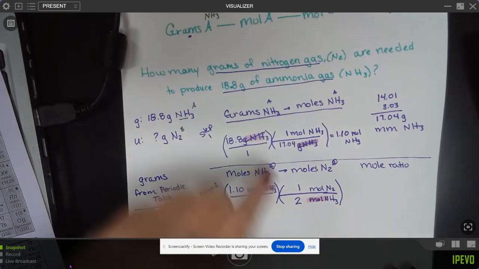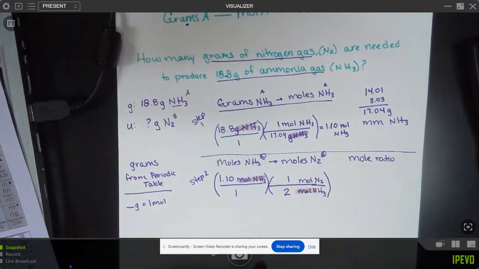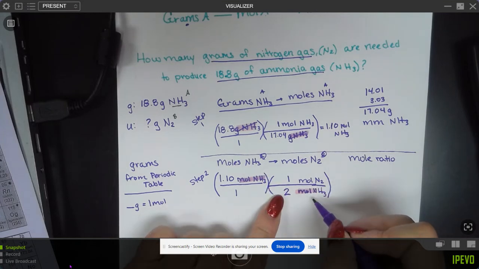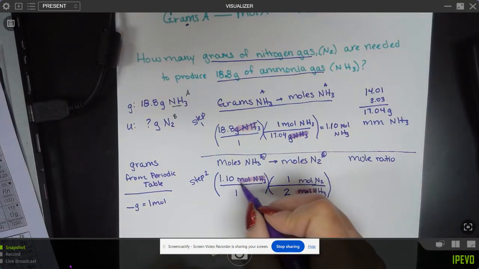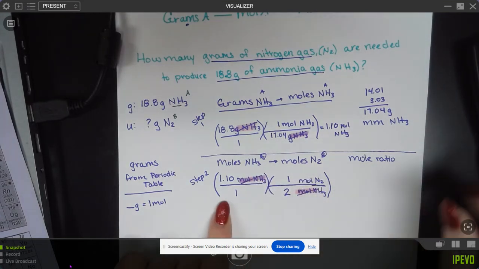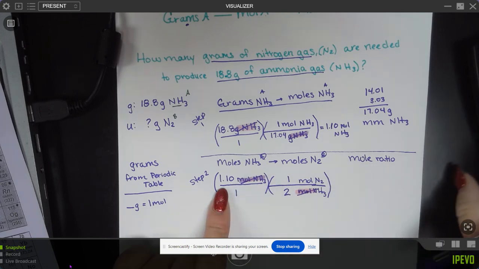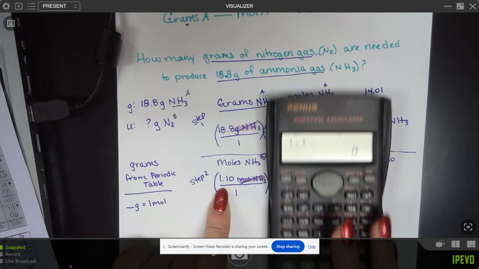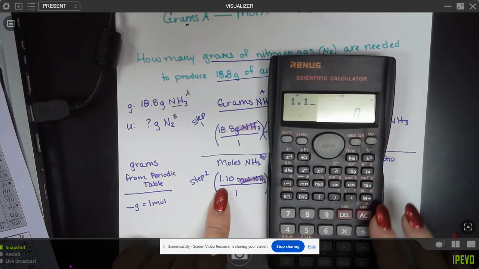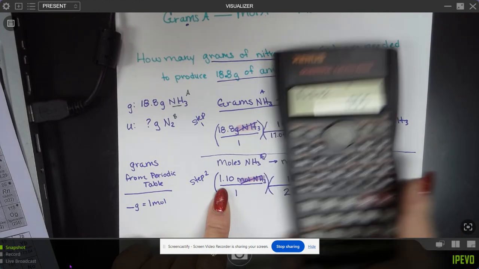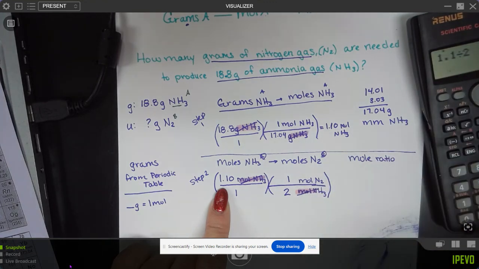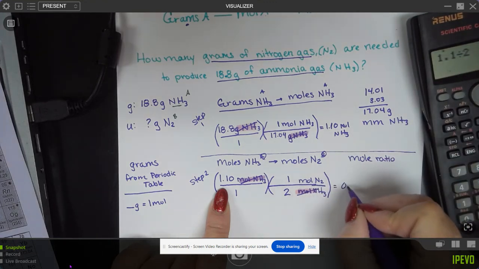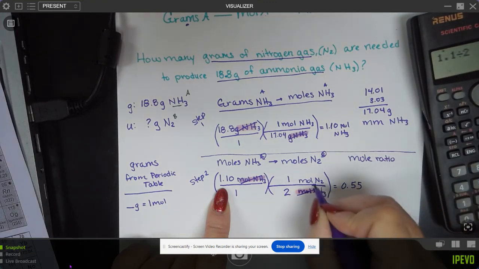My units cancel. If I do this math, 1.1 divided by 2 is 0.55 moles of N2.